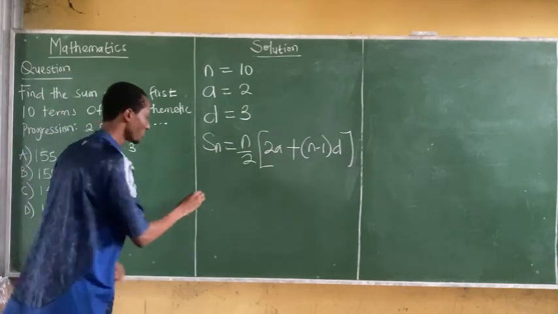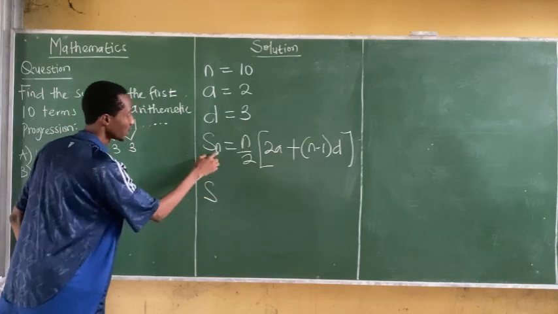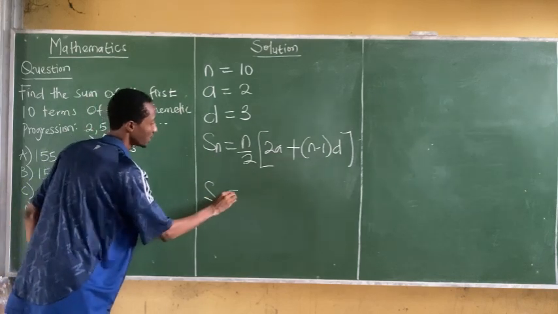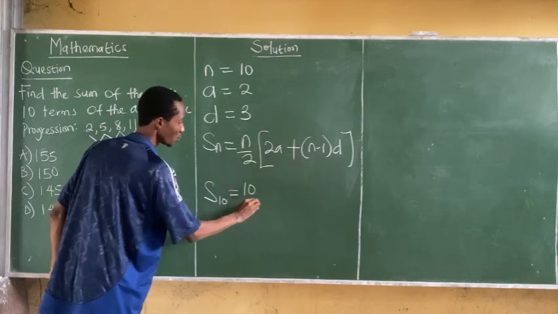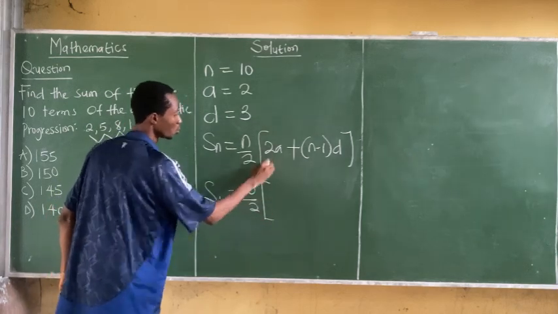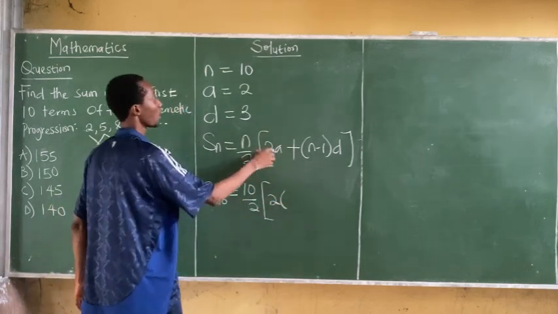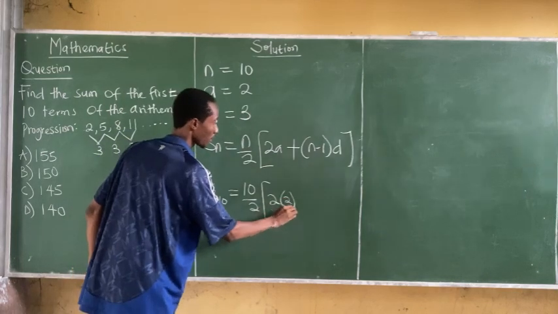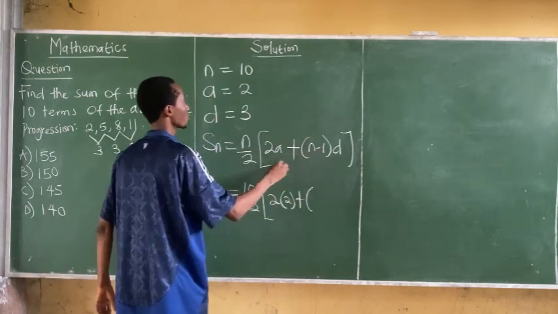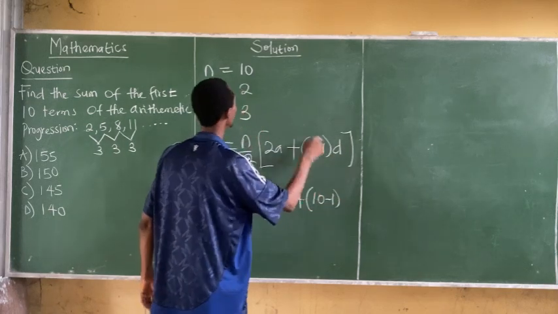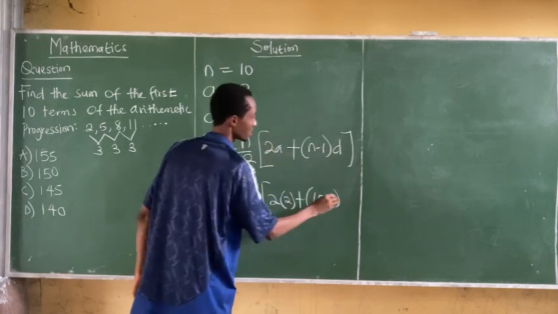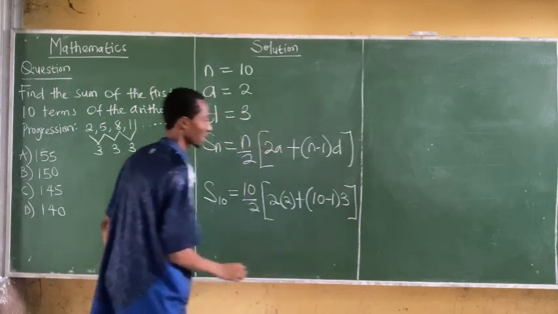Now here, instead of writing n, S10 is equal to 10 over 2 into 2 into our a, which is 2, plus n minus 1. N is what? 10. So we have 10 minus 1. D, the common difference, is 3. We close the brackets.